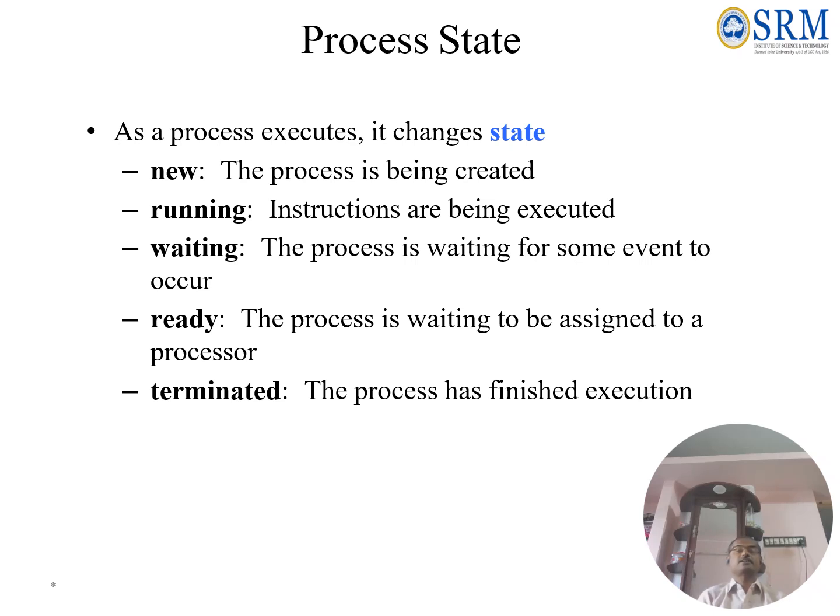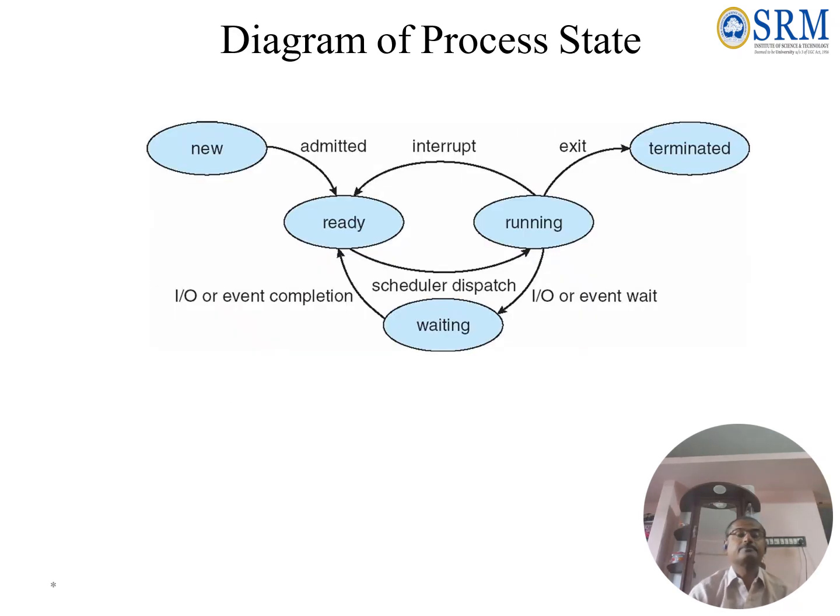Then ready state: the process is waiting to be assigned to the processor. If the process is ready, then it is waiting for the CPU to take over. Then terminated state: the process has finished execution. Whenever the process has finished the execution, it comes to the terminated state. So these are the 5 states we have in a process.